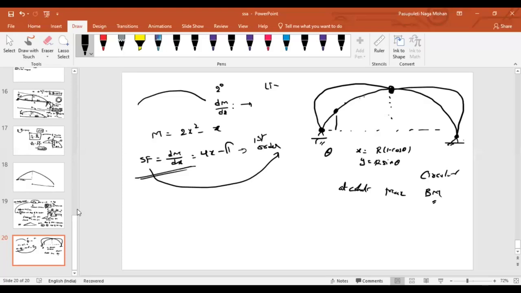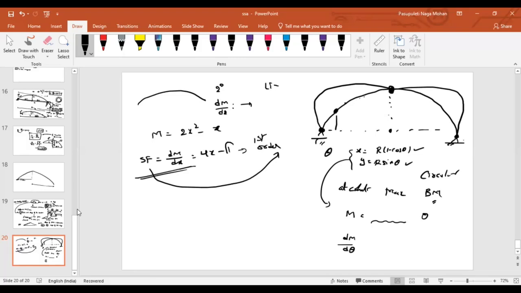So the coordinate at any point on the circular arch can be defined using the angle with respect to the center. In the same way, to find the bending moment equation, it will be easier to write the equation in terms of the angle theta. So if you want to find the maximum value, what should we do?